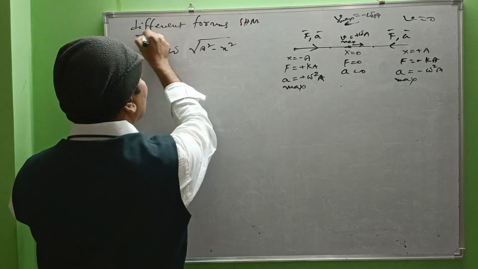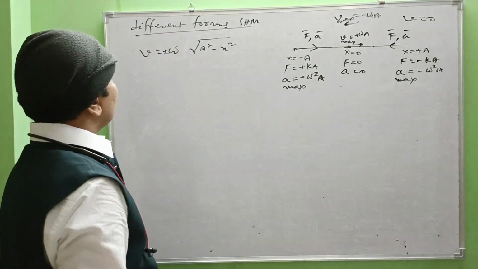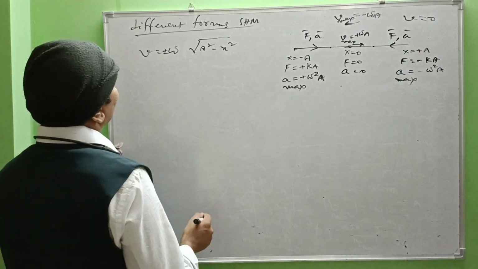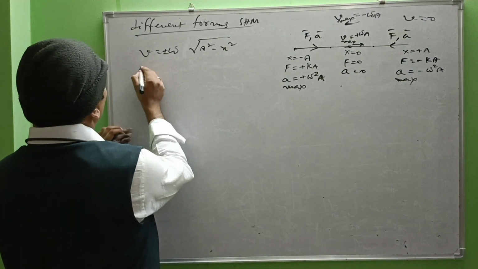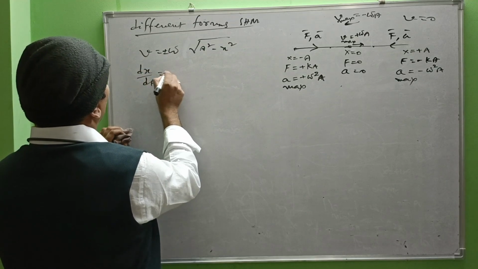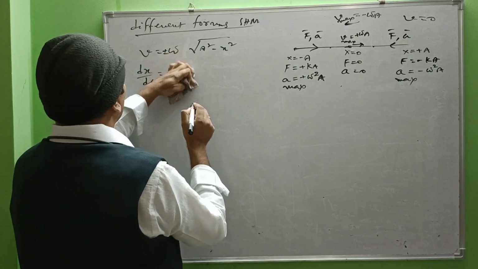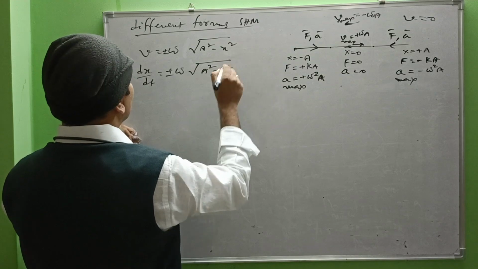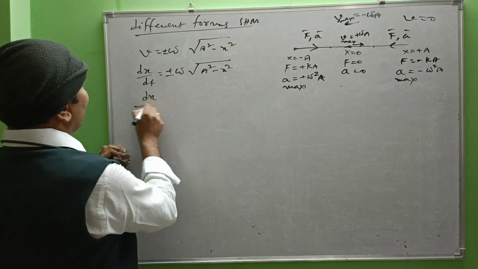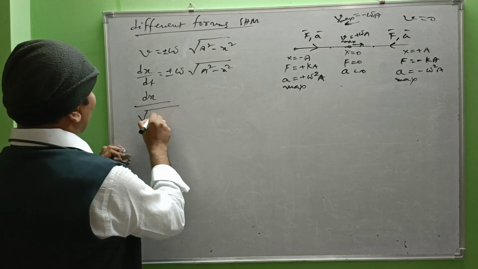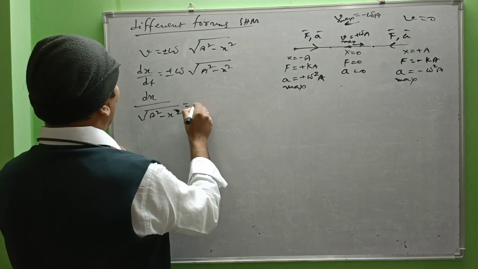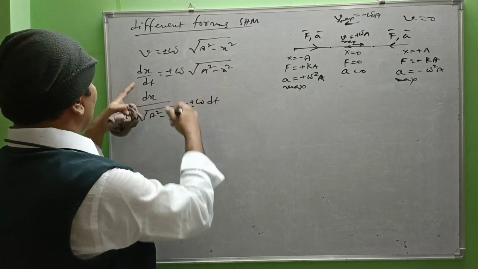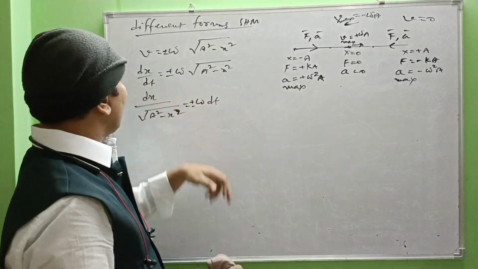V means dx by dt equal to plus or minus omega into root over a square minus x square. That is dx by root over a square minus x square equal to plus or minus omega into dt.